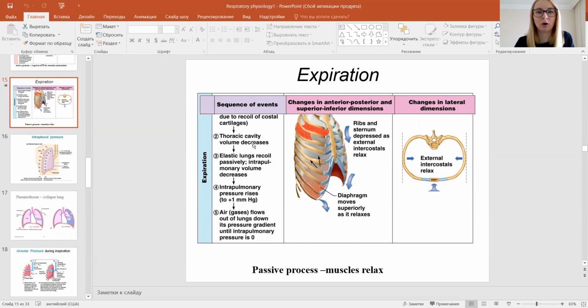Due to recoil of costal cartilage, thoracic cavity volume decreases, elastic lungs recoil passively, intrapulmonary volume decreases, and intrapulmonary pressure rises to 1 millimeter mercury. Air flows out of lungs down its pressure gradient until intrapulmonary pressure is 0.